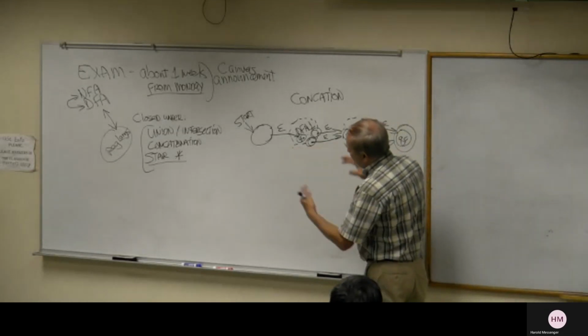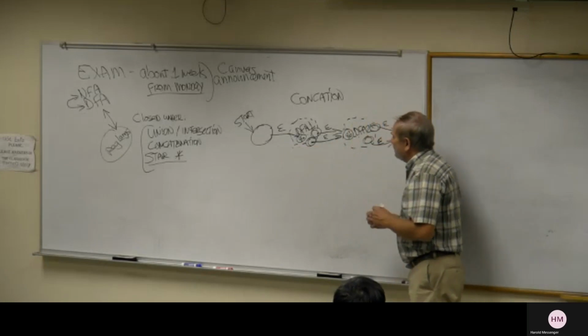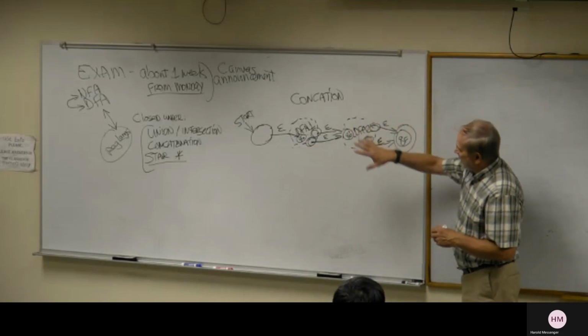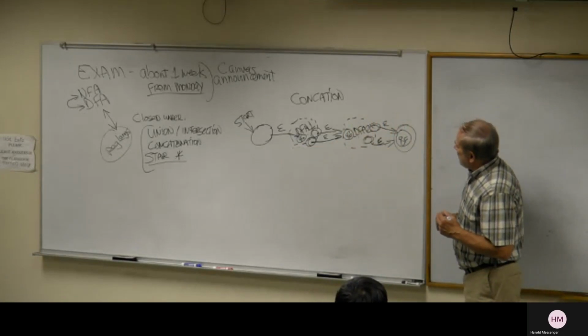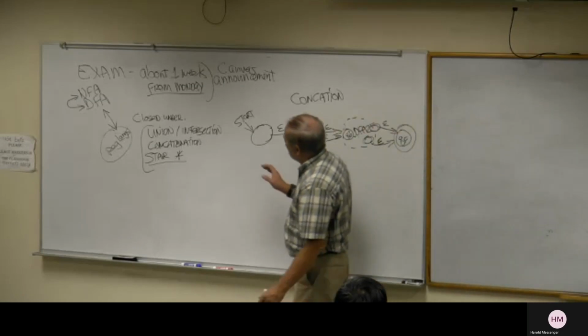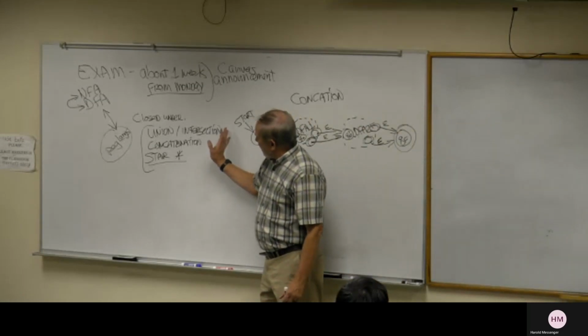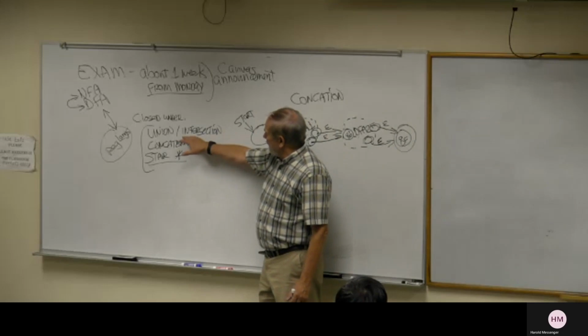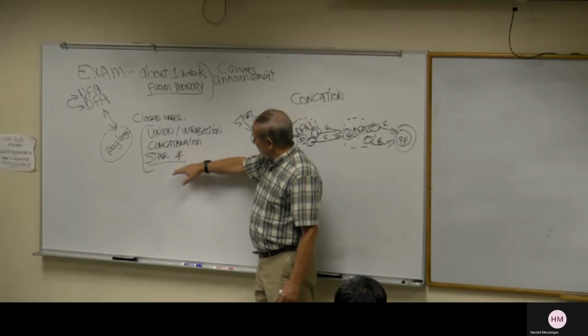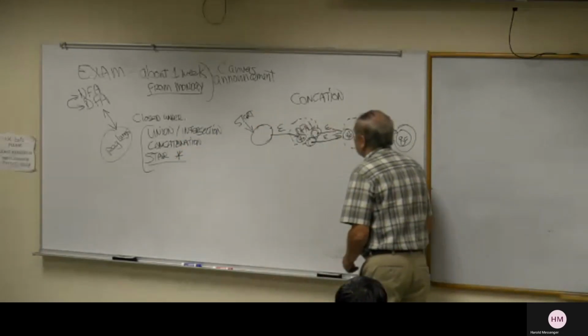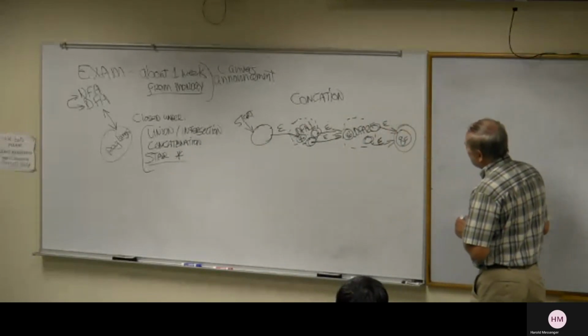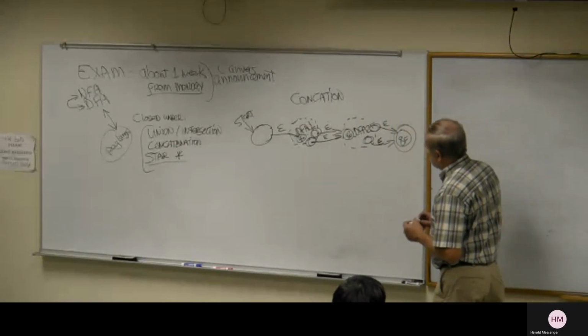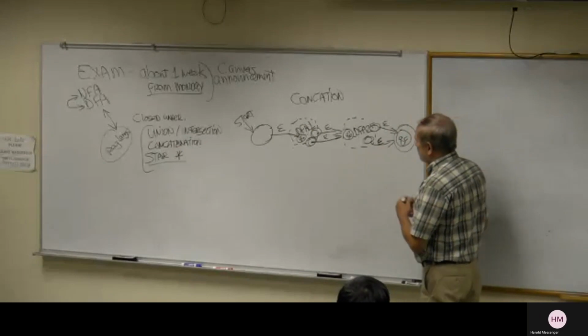So now we might ask the question, what happens if you do the union, or the concatenation, or the star? And the answer is, you get a regular language. And so this is kind of the justification for those. The last one is the star.